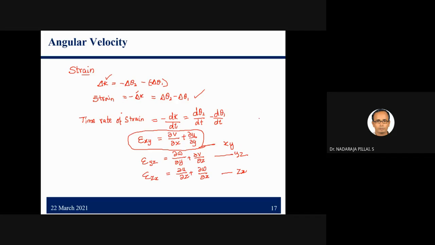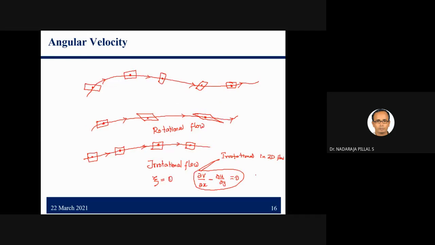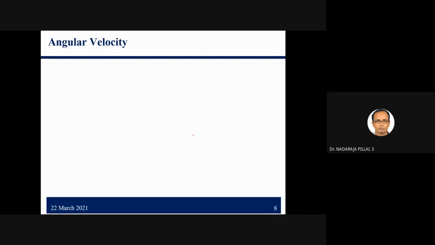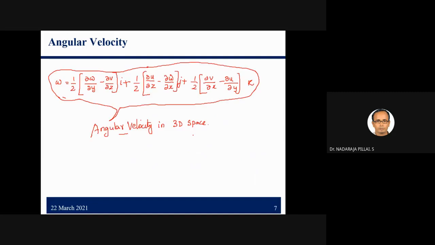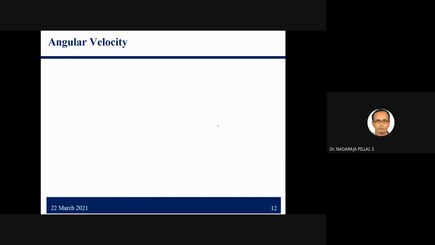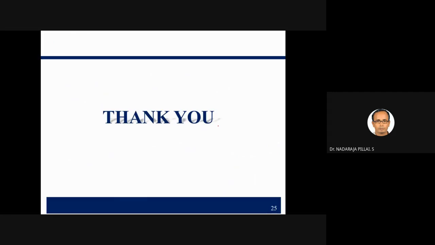So this is strain. This is vorticity, and we have angular velocity in 3D space. So I stop at this point for today's discussion. Thank you.